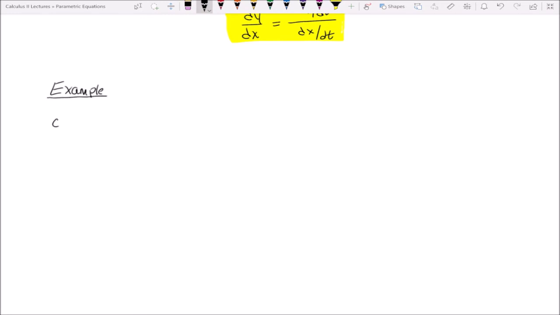So we're going to consider the curve t squared minus 3, 2t minus 1. And we're going to find its tangent line for the point where t equals 2.